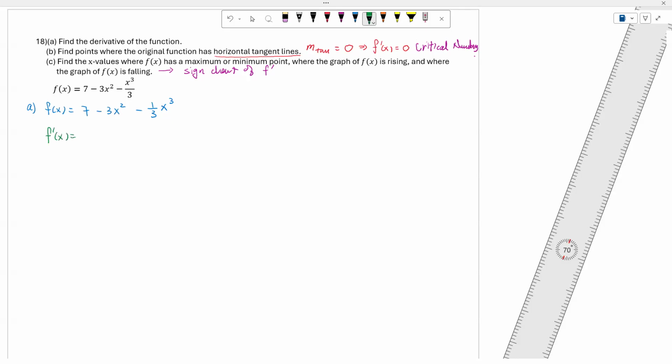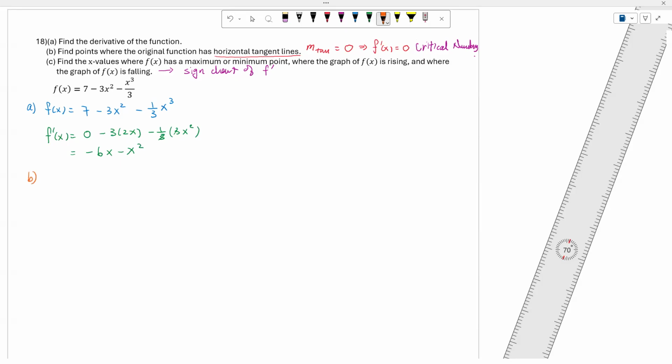Then f prime of x equals the derivative of 7 is 0, minus 3 times 2x, minus 1/3 times 3x squared. Okay. So I have f prime of x equal to negative 6x minus x squared. Then now I'm done with A, and now we are going to work with B.